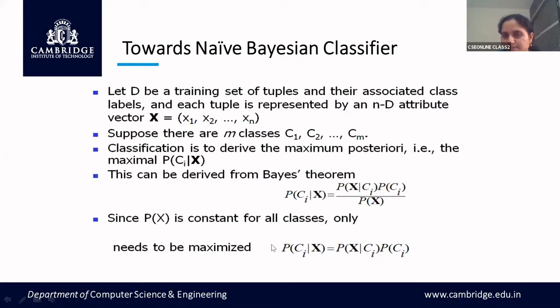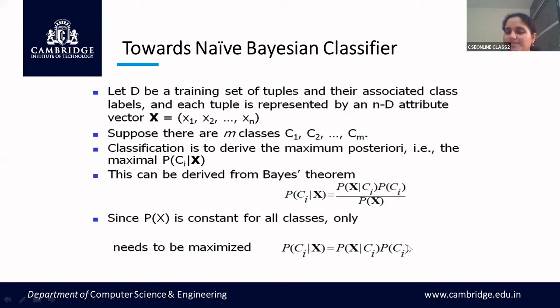So again, this is your formula to apply for the Bayesian classifier. You have a data set which will have the class labels. First you will train the model with respect to the class. Once you train, you will get one value called the prior probability of a class label, denoted as P of Ci.